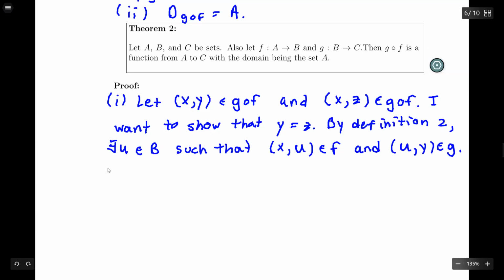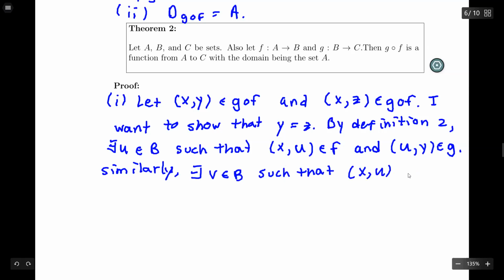So similarly, I'm going to pick another element. There exists a v such that (x, v) is in f, and (v, z) is in g.